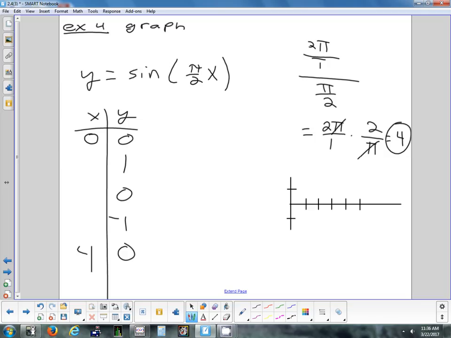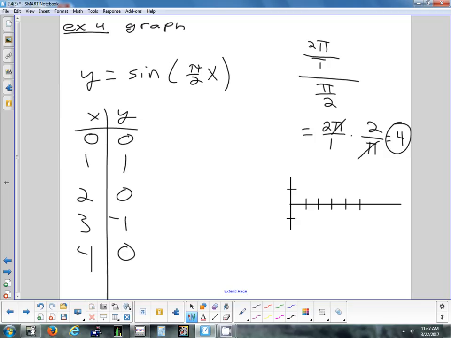So now if I do my averaging, what's the third x going to be? 2. 1? 3. Okay. So I told you this one would have the nicest coordinates of any graph all week, and it does. Those are very nice numbers to graph. So on this one, if you don't label your axes, that's okay.